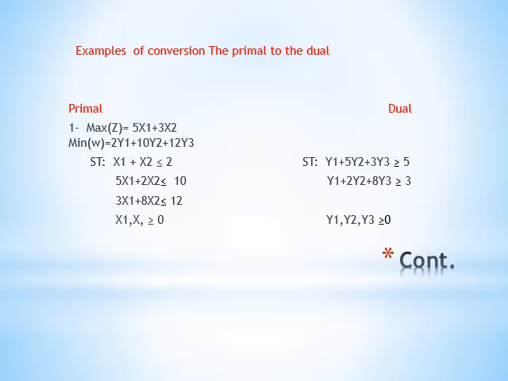Now, the objective function of the dual should contain 3 coefficients. Why?